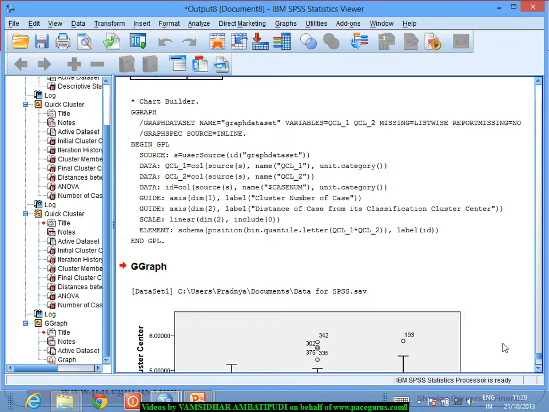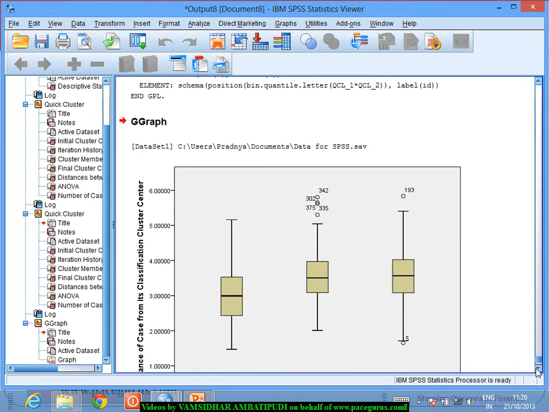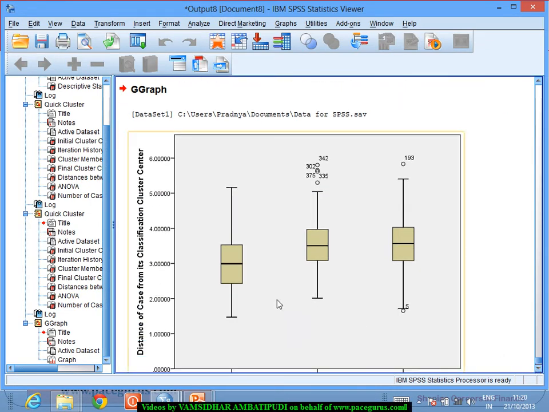So what I could really notice here is the variability. It is actually helping us to identify the outliers within each of the clusters. Here what you could see is, in cluster 2, we have a few records 302, 342, 335, and 375, which are slightly outliers, but not extreme values.